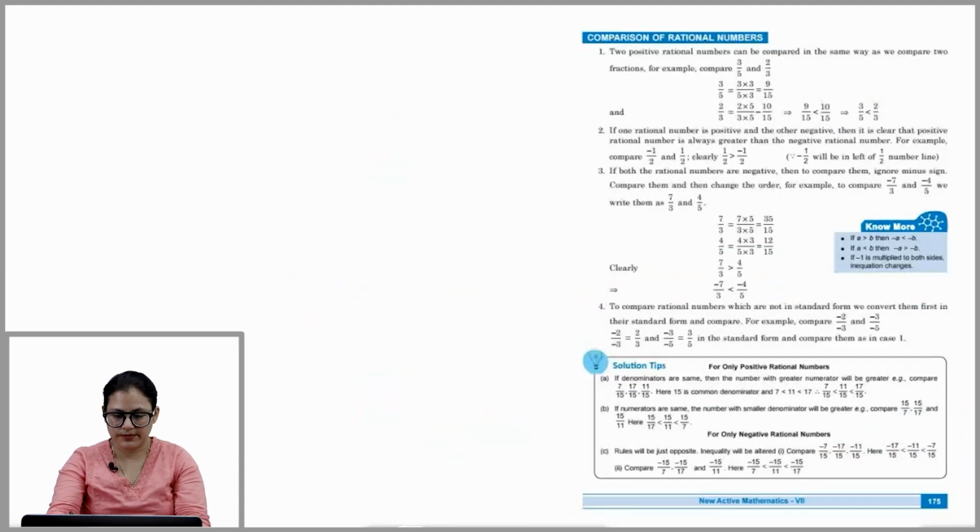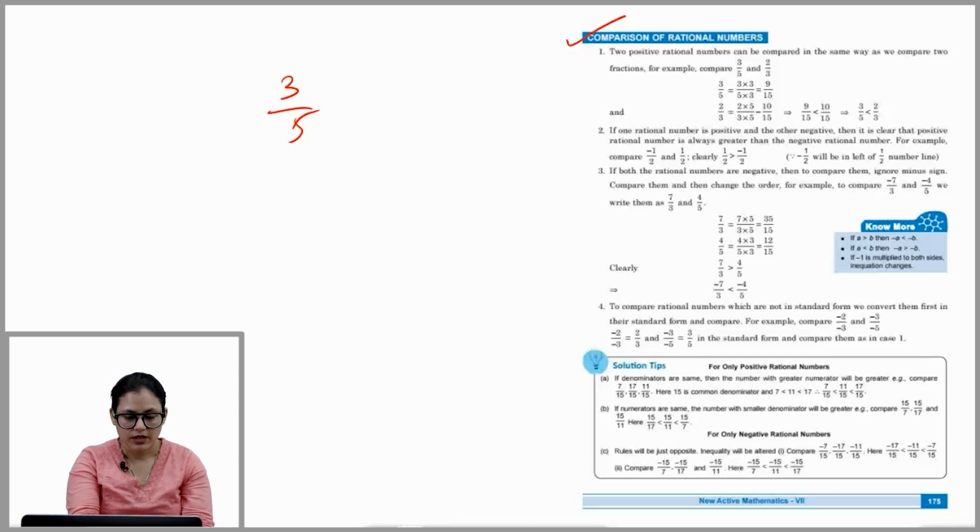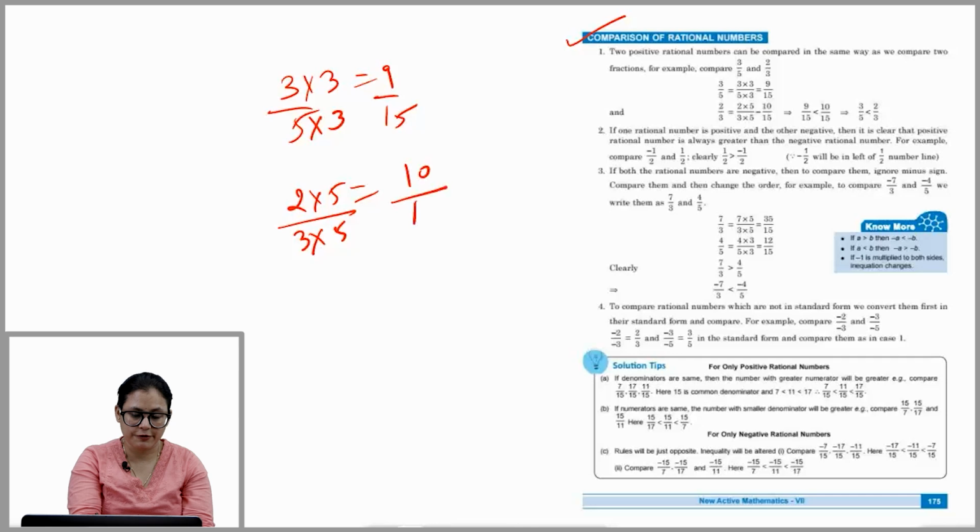Comparison of rational numbers. Number 1, two positive rational numbers can be compared in the same way as we compare two fractions. For example, 3 by 5 and 2 by 3. First, you will find the LCM, then you will make the denominators the same. So 3 by 5, you will multiply by 3 on top and bottom, giving 9 by 15. And 2 by 3, you will multiply by 5 on top and bottom, so 10 by 15.